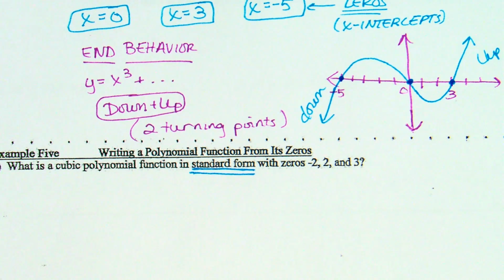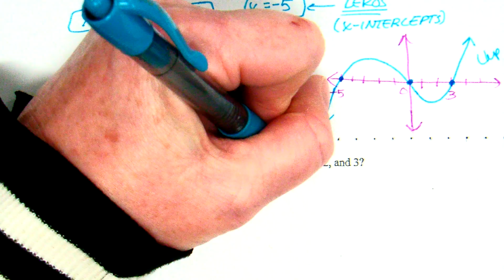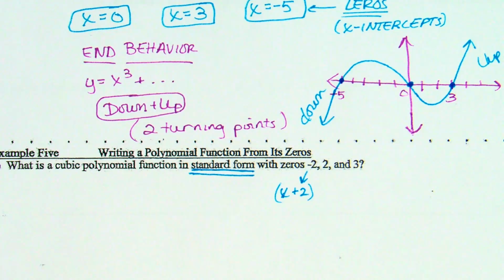Now, they tell us 3 zeros. So we need to get this in equation form. The first zero they say is -2. What is -2 as a linear factor? Where does that zero come from? x plus 2. If you are going to get a zero of -2, that means you originally had a linear factor of x plus 2.